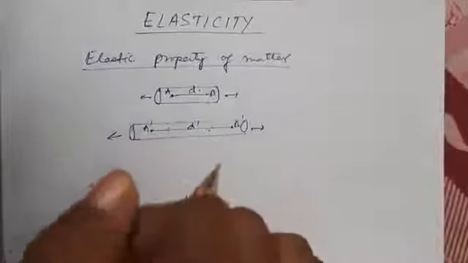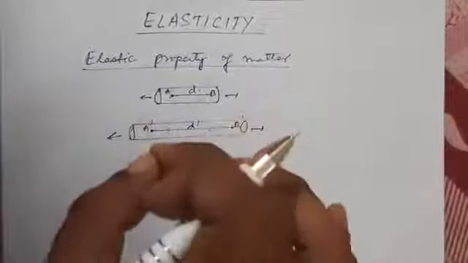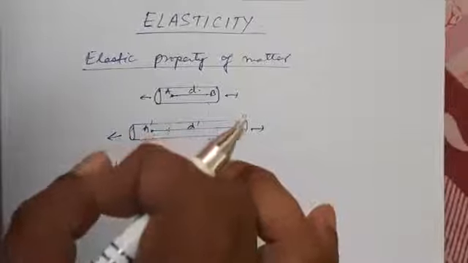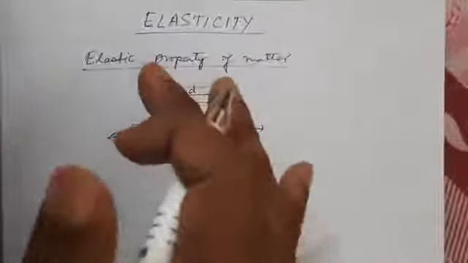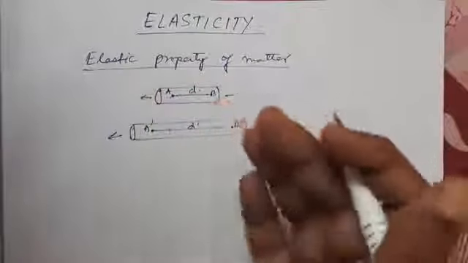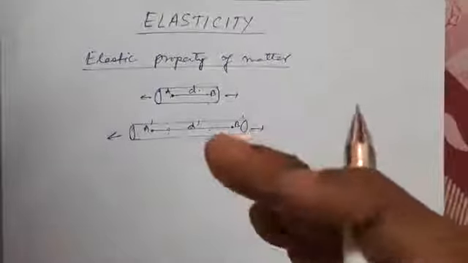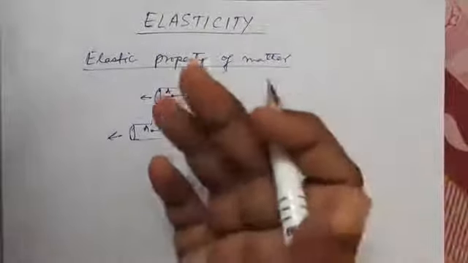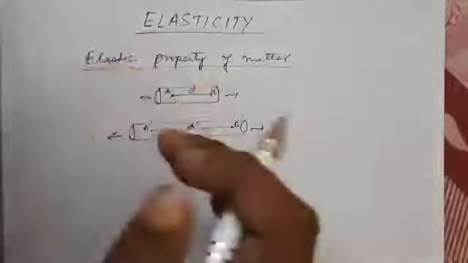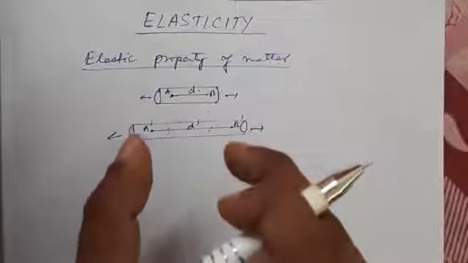Now, if this change lies within a definite limit, then the body regains its original state when the force is withdrawn. I repeat, when the force is withdrawn, the body regains its original shape if we are applying this force within a particular limit.